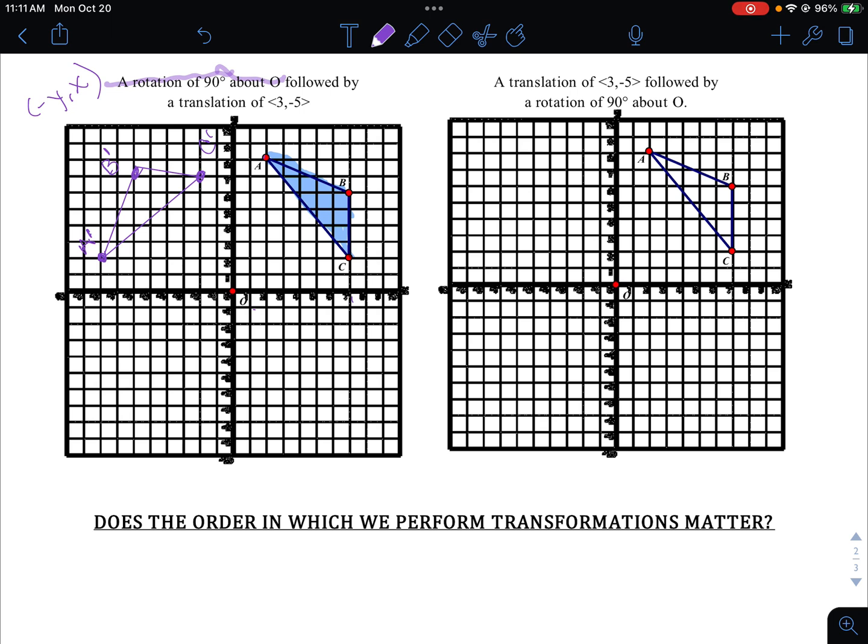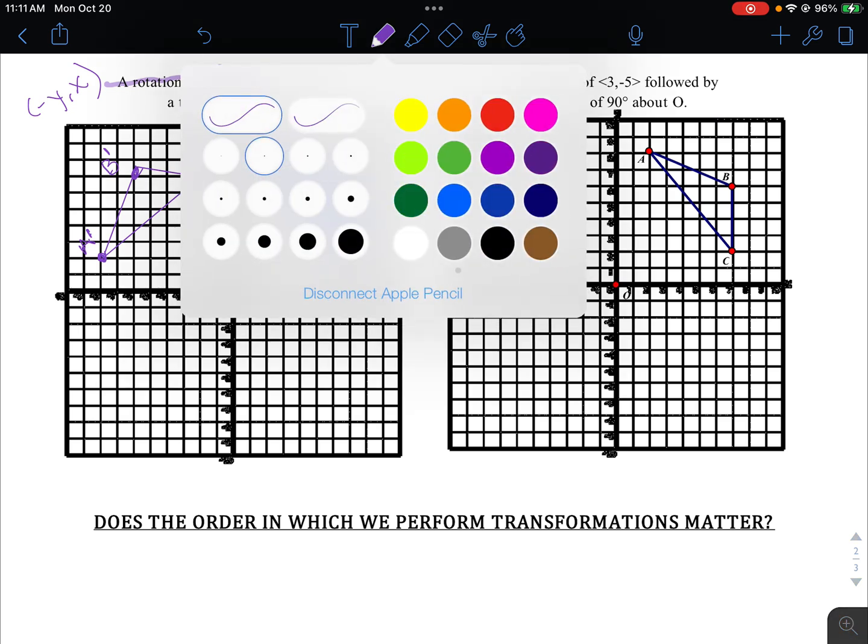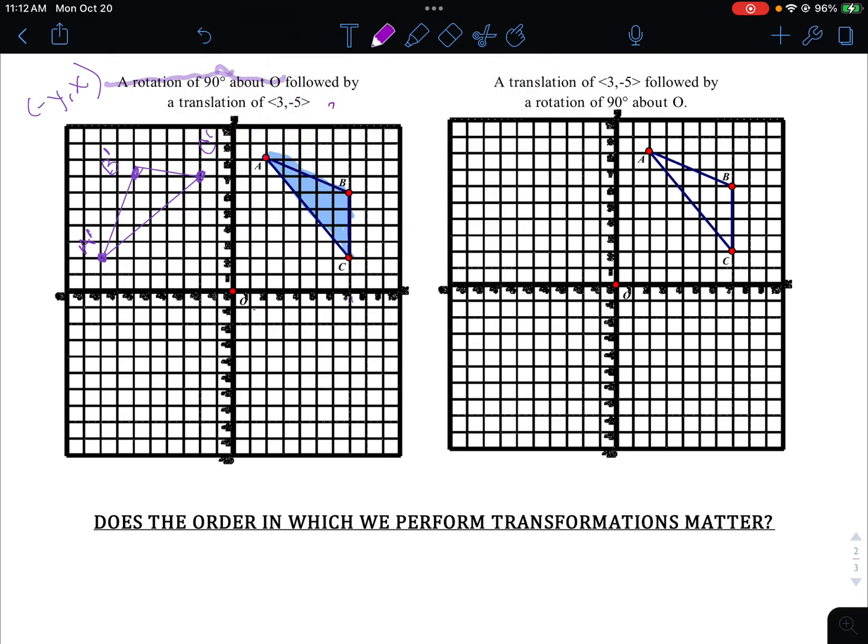Okay, so that is your first image, and then I'm going to translate it. That one's going to move 3 right, 5 down. So C prime goes 1, 2, 3, 1, 2, 3, 4, 5.